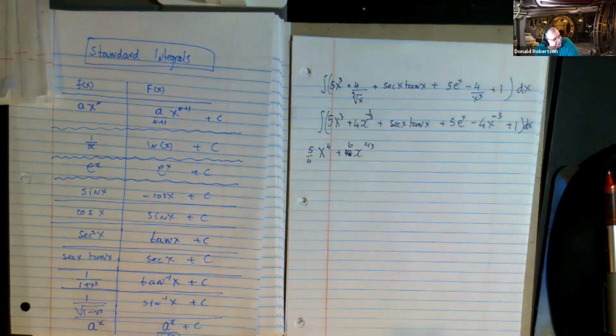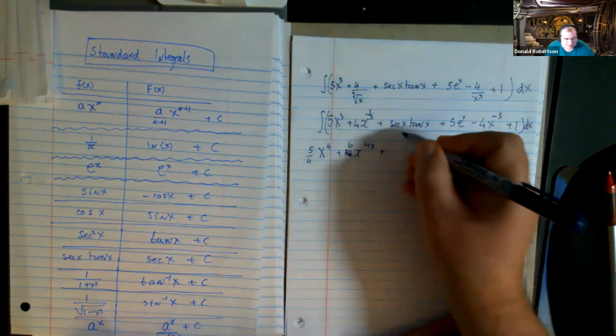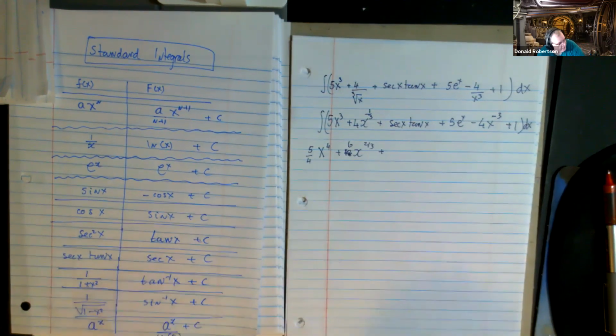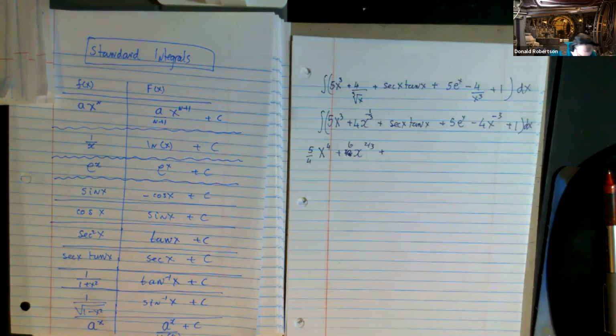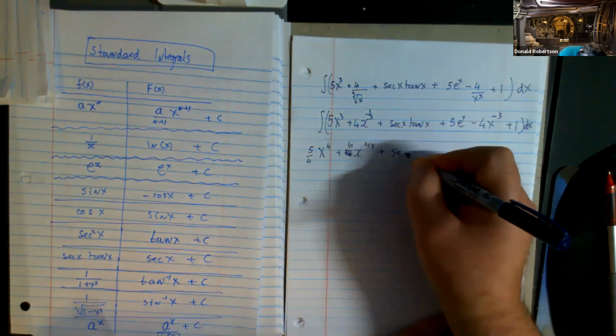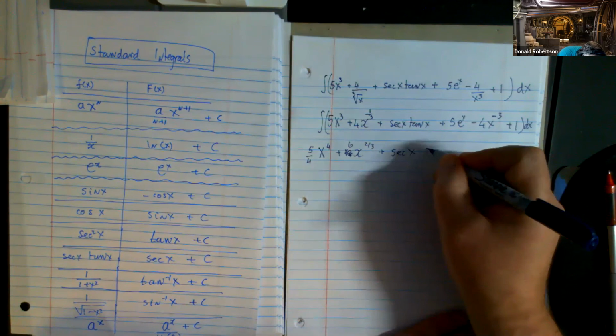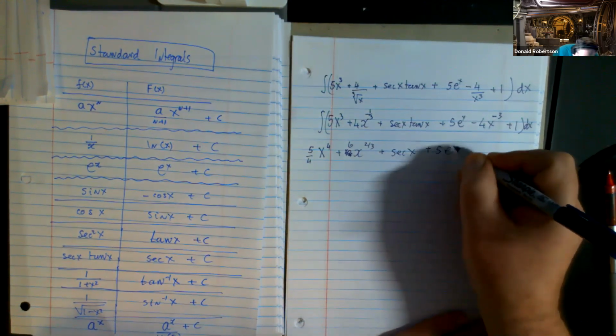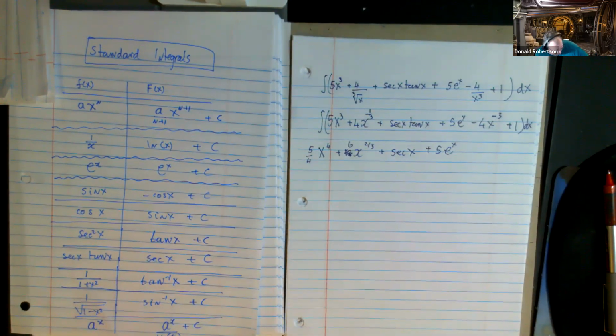Does 6 look better? Now I see nodes. So let's move on. Isn't this one over here? And the antiderivative of secant tan is just a secant because it is. And 5e to the x is 5e to the x because it is. Right, it's over here. So those two were just, if you got a good memory, you just write the answer down.